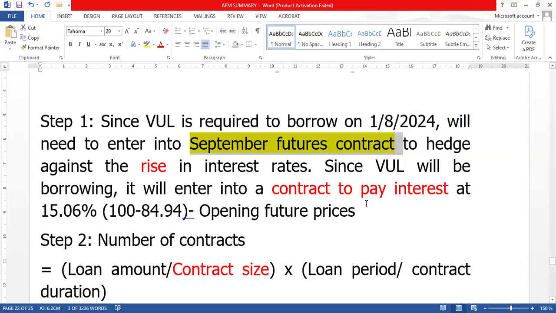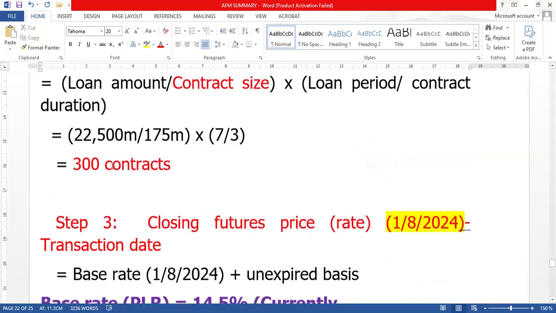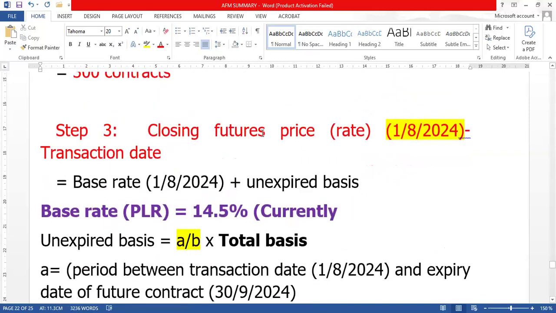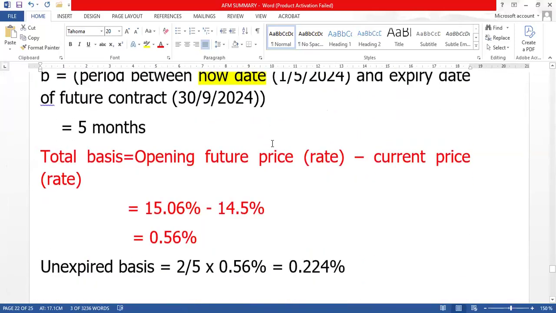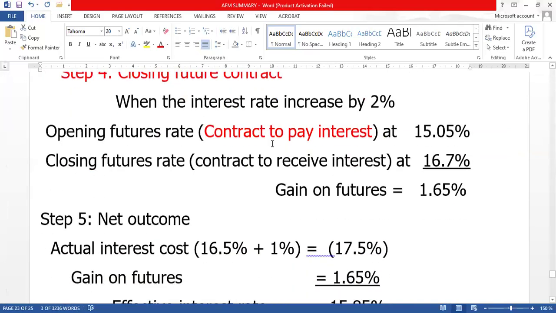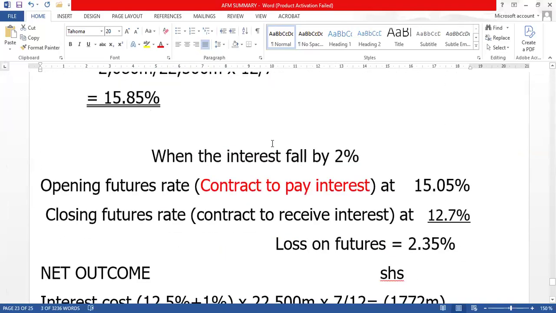And you move on, other things remain the same. Here where you have loan amount, you put investment amount. That is where the difference is. The way you determine the closing futures, whether you are borrowing or investing, is the same. Okay, so that's all. I'm done with the interest rate futures.